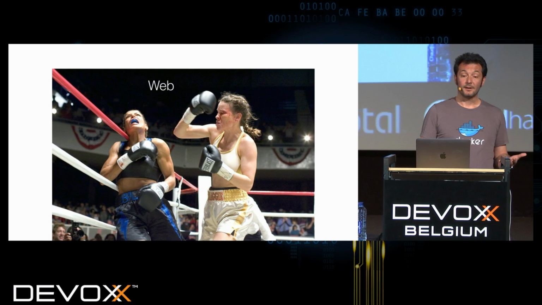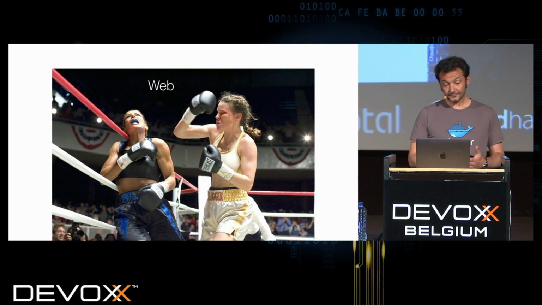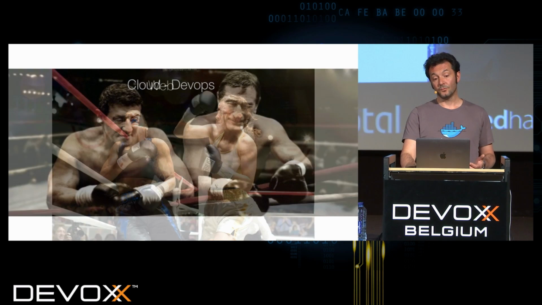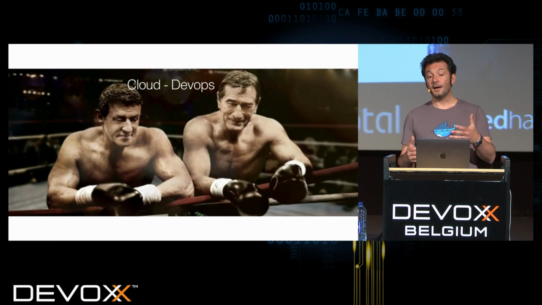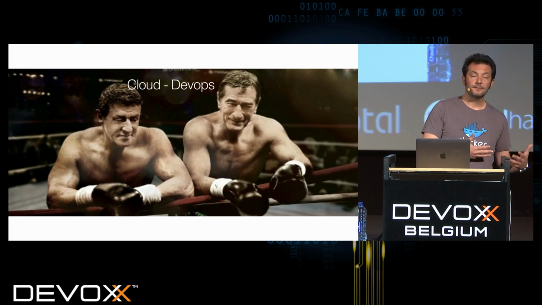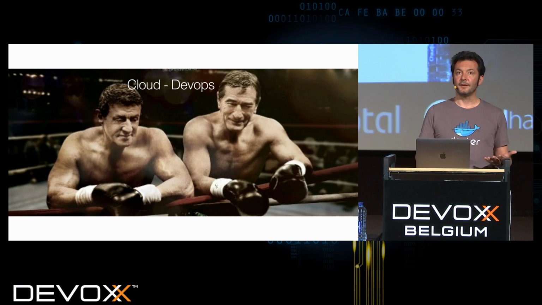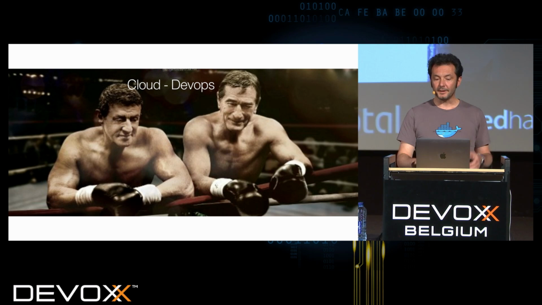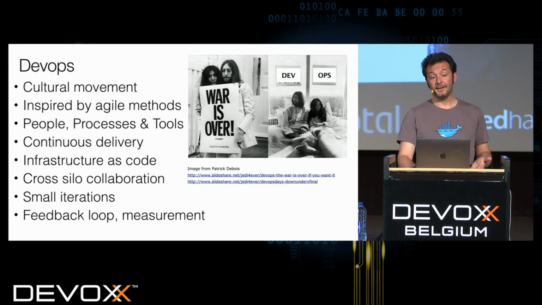In the web era, it wasn't much better. And then when public cloud infrastructure appeared, this cultural movement called DevOps appeared, where devs and ops are working together using the same tools and trying to have similar values.